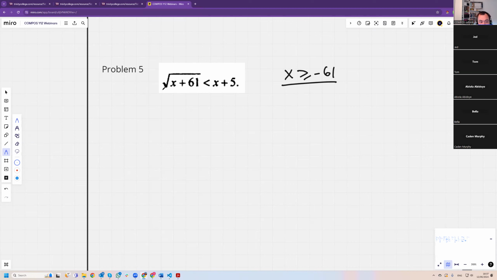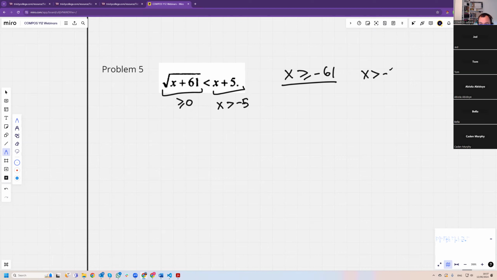Secondly, this is a square root, and we know that square roots are always greater or equal to 0. And the right-hand side is greater than that. Therefore, the right-hand side is also greater than 0. So x has to be greater than -5. I don't know if we're going to use that, but we can write that down.